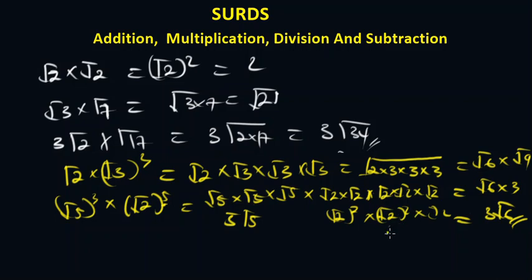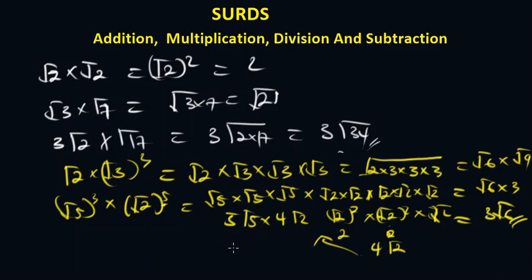So this will give us 2, this will give us 2, and then we'll have root 2 here. So this will give us 4. So our answer for this is going to be 4 root 2.